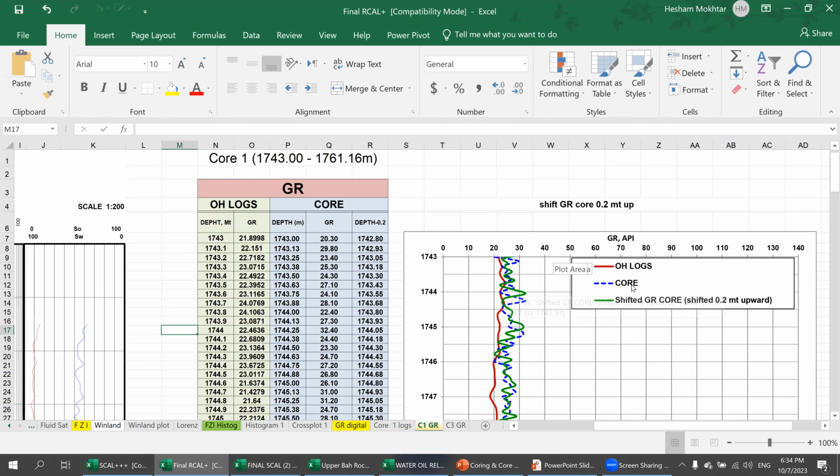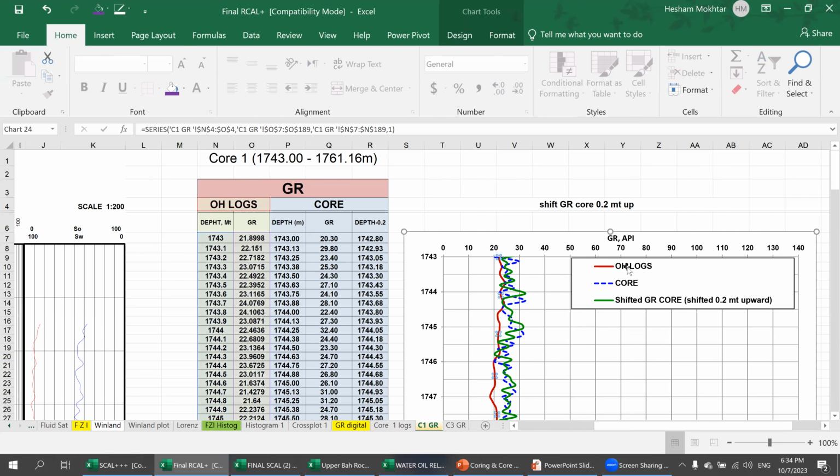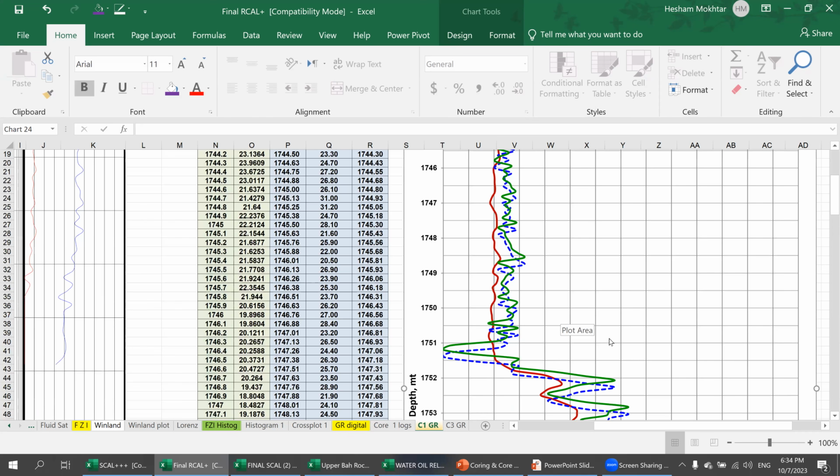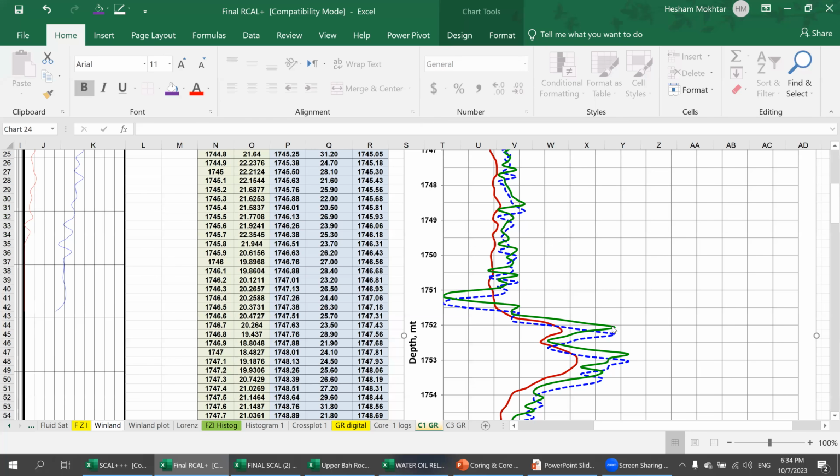In the red color, this is the gamma ray from open hole logging, and in the green and the blue color the gamma ray from core before matching, and in the green color, this is the finally matched core gamma ray to be correlated with the gamma ray from the logging data.